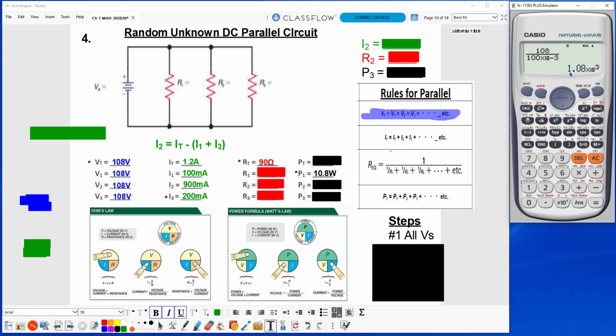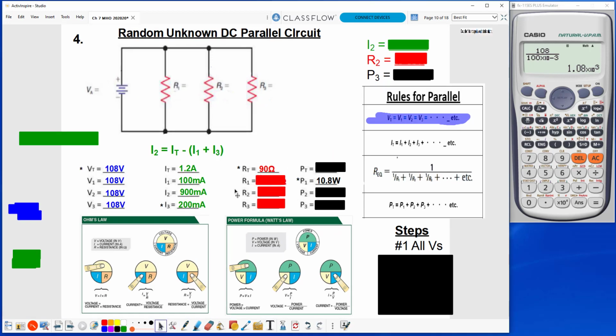And that gives me a resistance value of 1.08 K ohms.